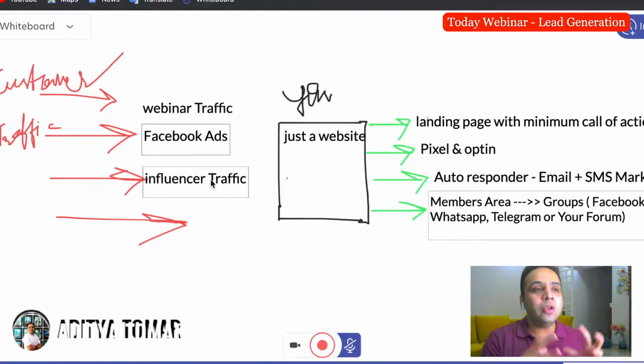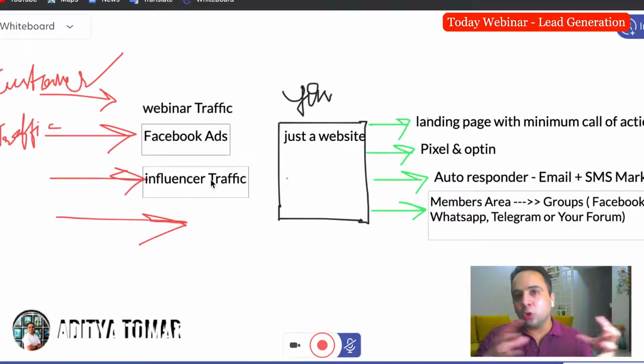You have to take them into your world, whether it's your website world, a group world, a forum, or any kind of brand that you are having. That community can be of any type: a members area where people have a login and registration on your website and can come back again and again, which increases your engagement.